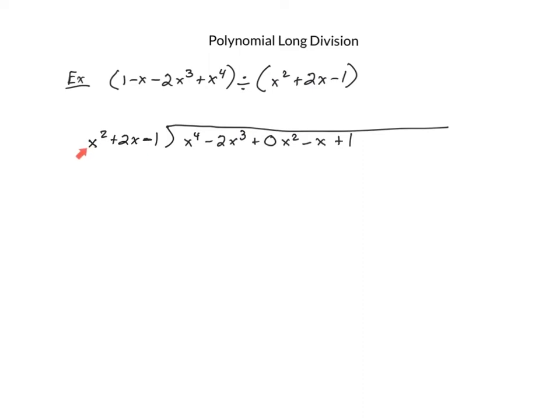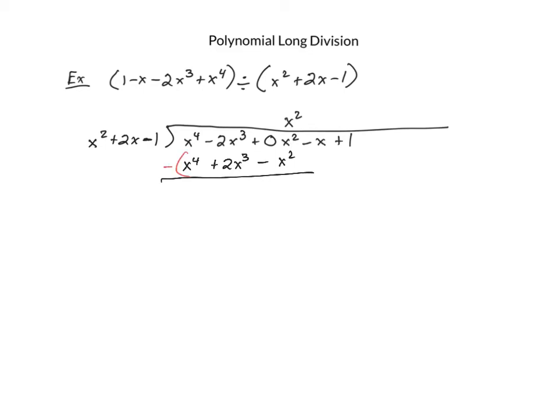Look at the first term here and our first term here. What do we need to multiply by x squared to get x to the fourth? And the answer is x squared. So I'm going to write an x squared up here. We multiply x squared by x squared plus 2x minus 1, and we write the result right here. So we have x to the fourth plus 2x cubed minus x squared, and we subtract.